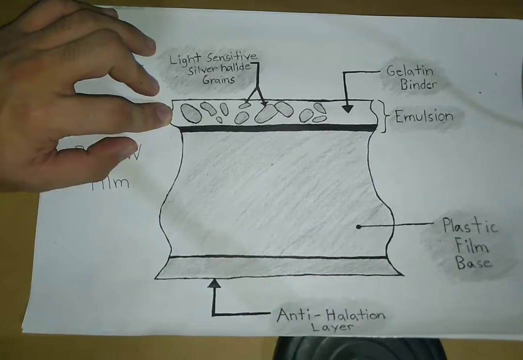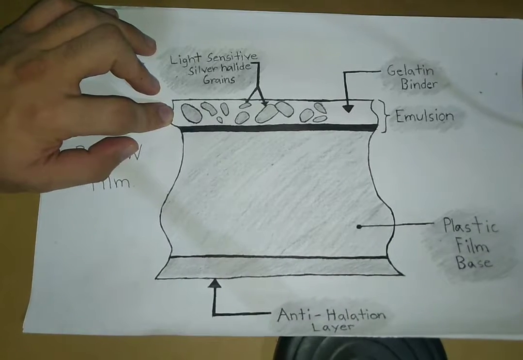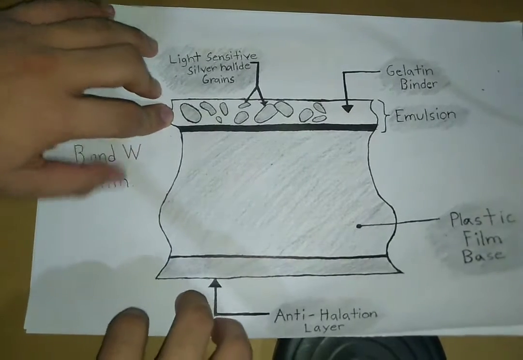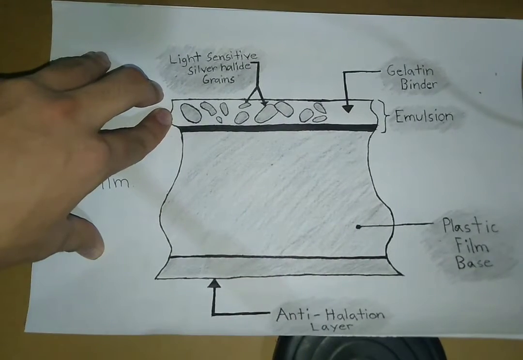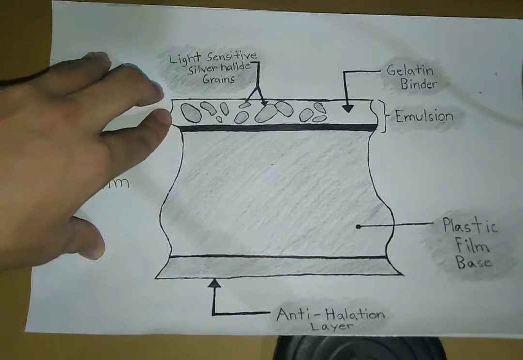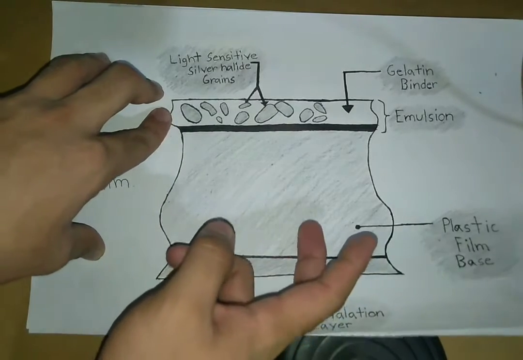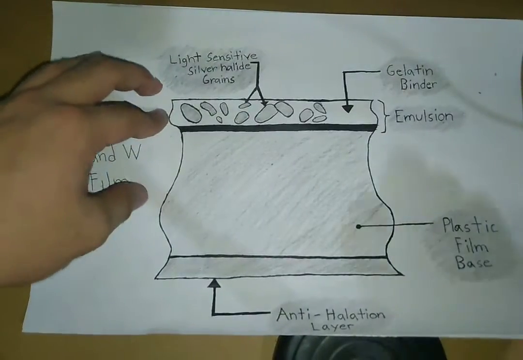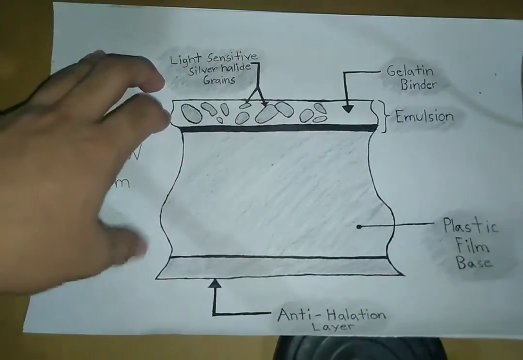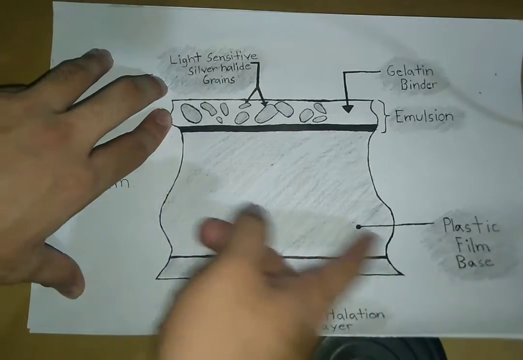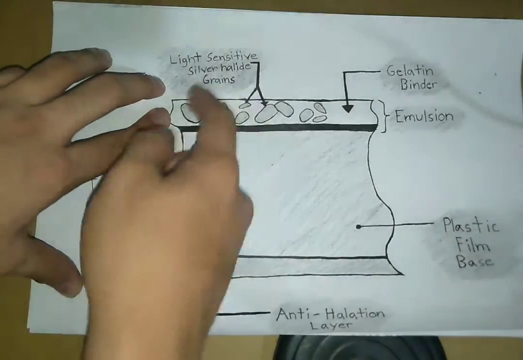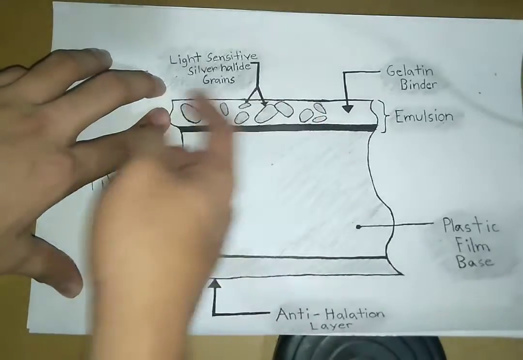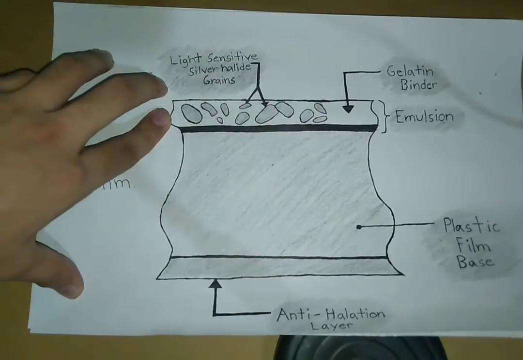The work of the anti-halation layer is to capture the light coming from this end, and also to refrain it from bouncing back to the top. So, it's just like this. The only work of this is to capture the light coming from the absorbent, the grains that absorb the light.